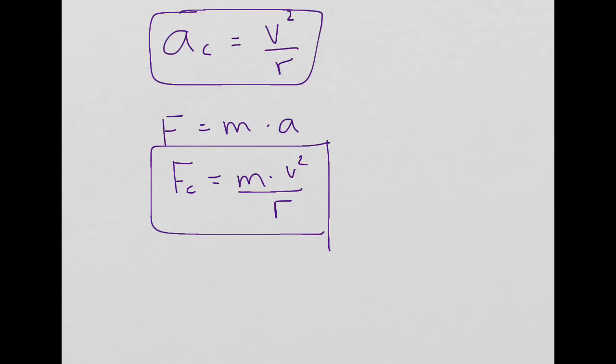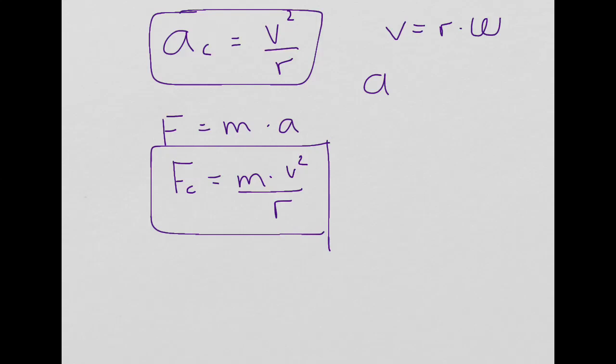Okay. Another way you might see these formulas is in terms of angular velocity. So recall that in circular motion, linear speed is equal to radial distance times angular velocity. Alright, so occasionally what they'll do is plug in for v as r times omega.